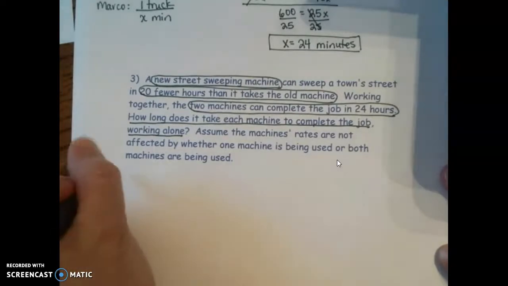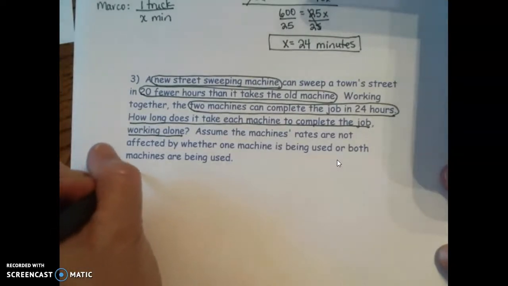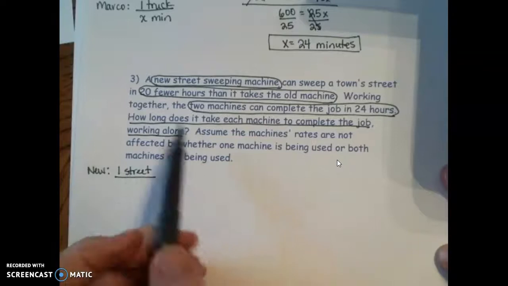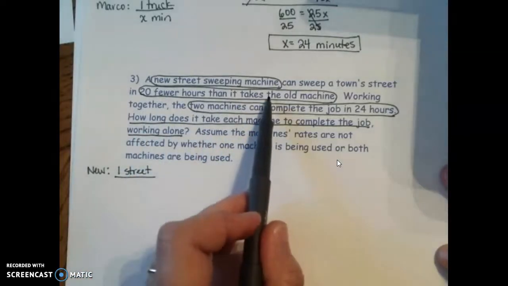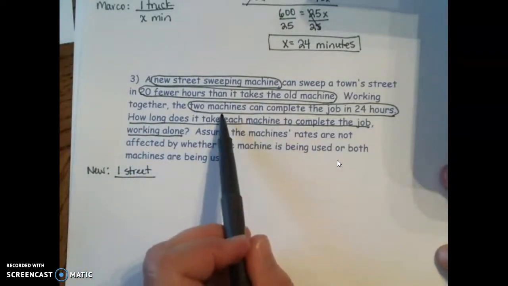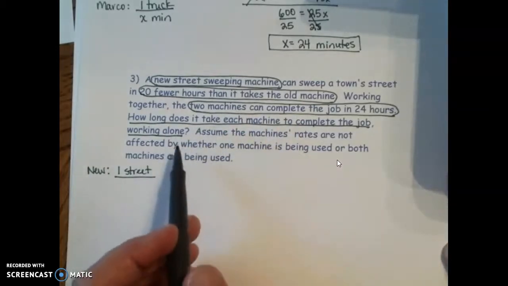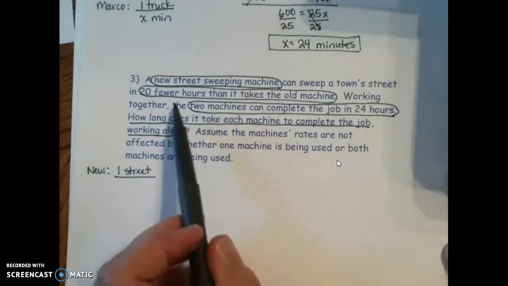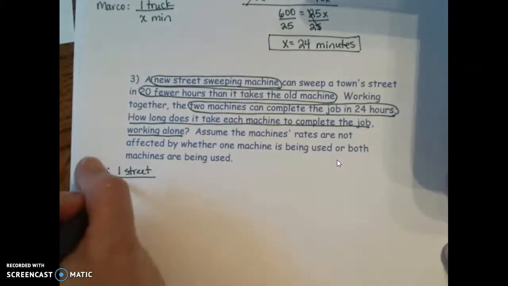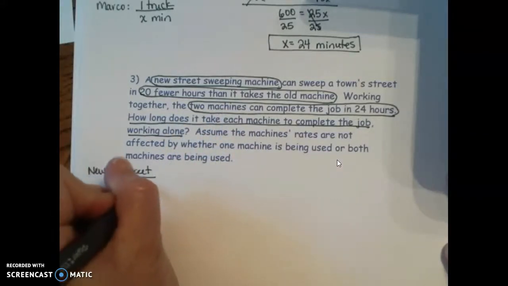So again, we're talking about the new machine, and it says it can sweep one street 20 fewer hours than the old machine, and then it talked about both machines together. So I don't know how much the old machine, so 20 fewer hours than the old machine would be X minus 20 hours.